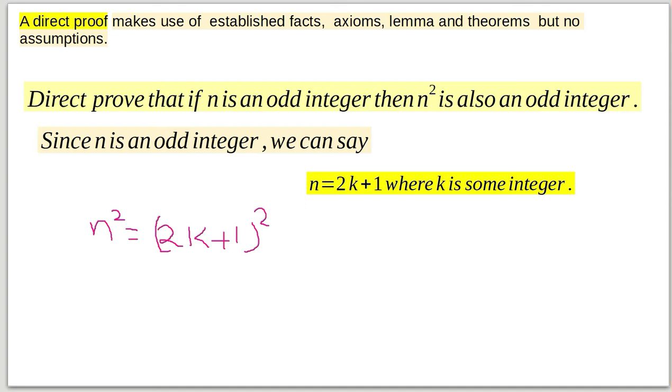Our task now is to show that this is an odd integer too. So we can go on and expand this. This will give us 4k squared plus 4k plus 1.